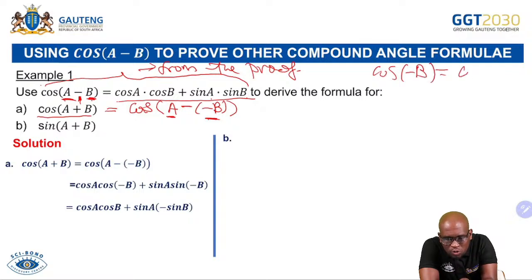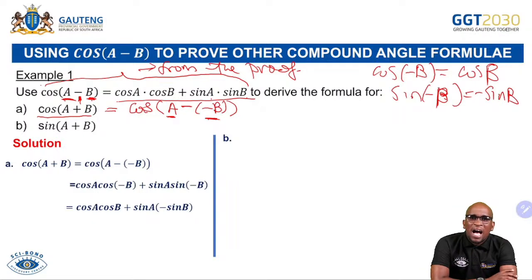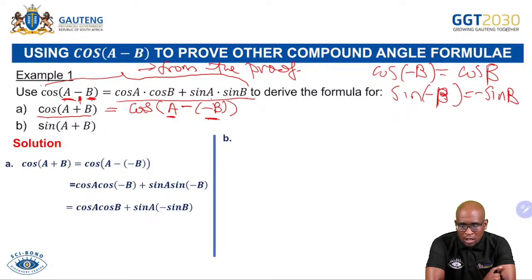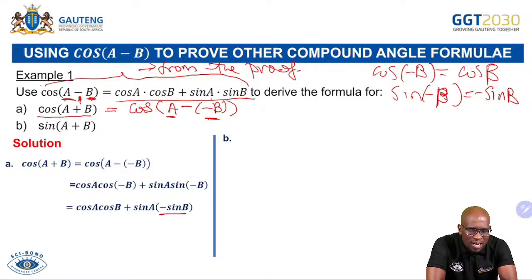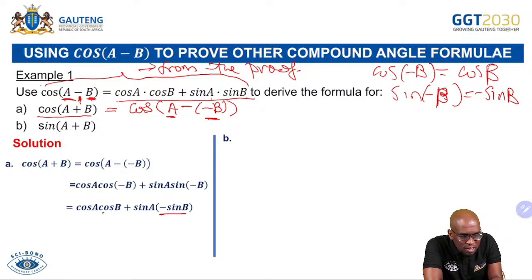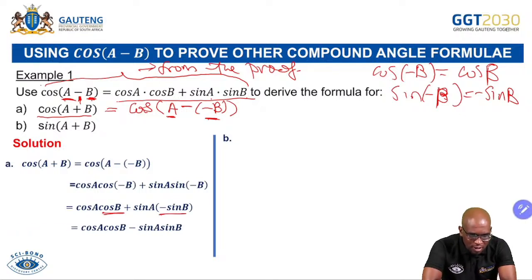Now, simplifying that using our knowledge of negative angles, the cosine of negative B is equal to cos B. But the sine of negative B would be negative sine B, because negative angles are in the fourth quadrant, and cos is positive in the fourth quadrant, sine is negative in the fourth quadrant. So that is why this one is written as negative sine B, but this one is written as just the cosine of B. Right, moving right along.